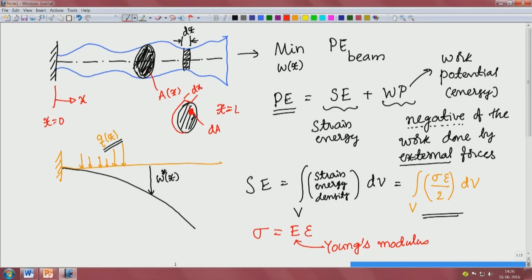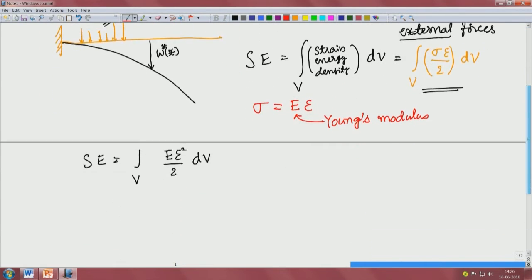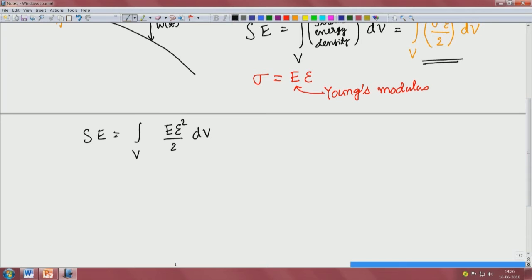I will have to integrate over the area first and then the length also. So, I can split this into two integrals, one over the area, another one over the length, so that I can cover the entire beam.